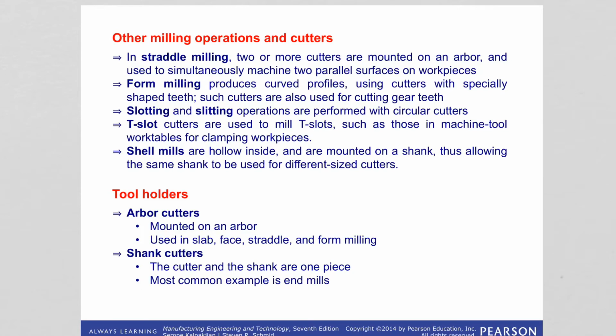So there are other milling operations and cutters. One of them is straddle milling. In this, two or more cutters are mounted on an arbor and used simultaneously to machine two parallel surfaces on a workpiece.